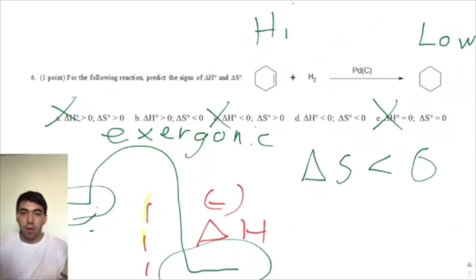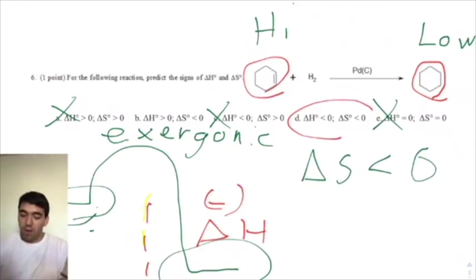Because it's exergonic, you have a negative. You should know that exergonic reactions are negative when favored; Gibbs free energy is negative when favored. So because it's exergonic and coming from something high in energy that has a double bond, we can say that our answer is D.